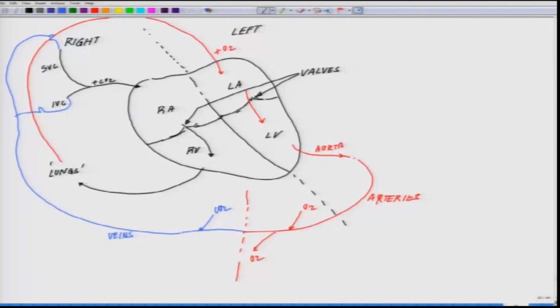That is the artery which from here is called an artery. This is the only artery which is carrying this plus CO2 blood to the lungs.